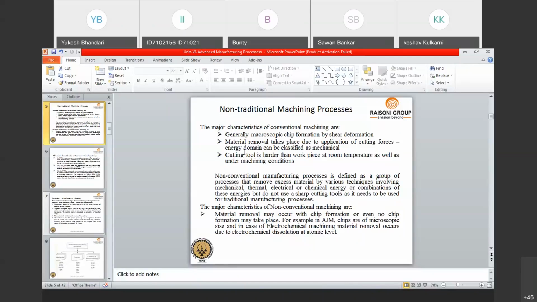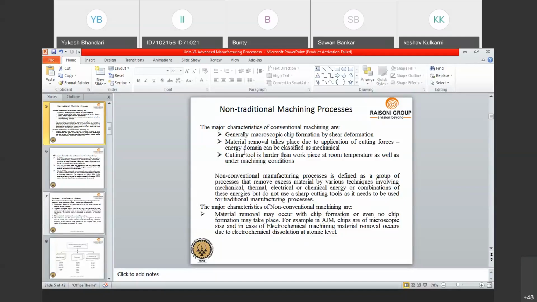But what are non-traditional machining processes? Non-conventional manufacturing processes are defined as a group of processes that remove excess material by various techniques involving mechanical, thermal, electrical, or chemical energy, or a combination of these energies, but do not use any sharp cutting tools.